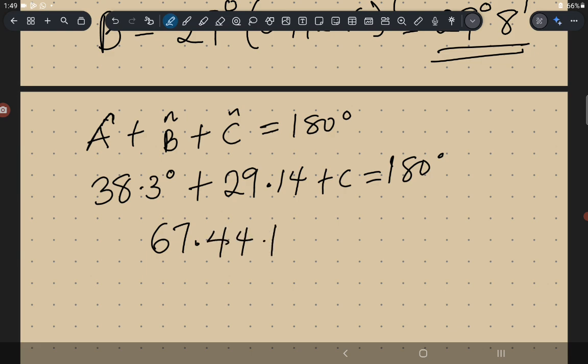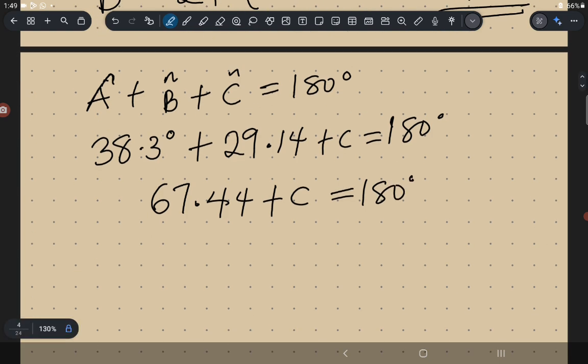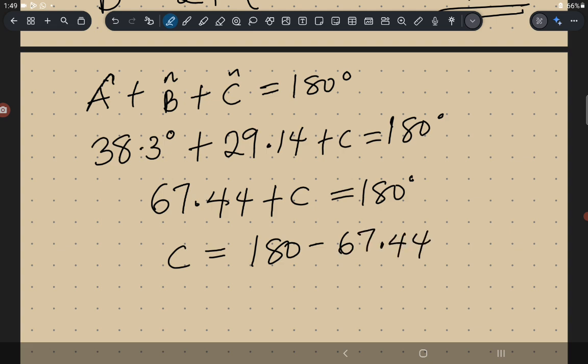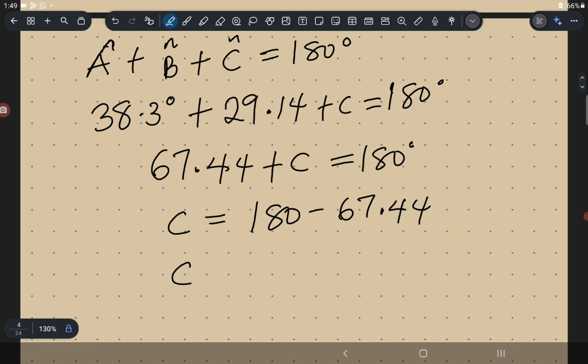So we have 67.44 plus C. When you press your calculator, I don't want to waste much of your time. Making C the subject of the formula, we have 180 minus 67.44. So the value of our C will now give us 112.56 degrees.